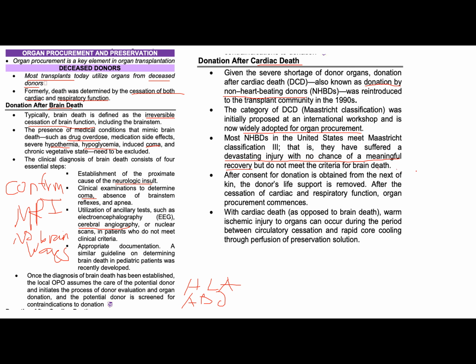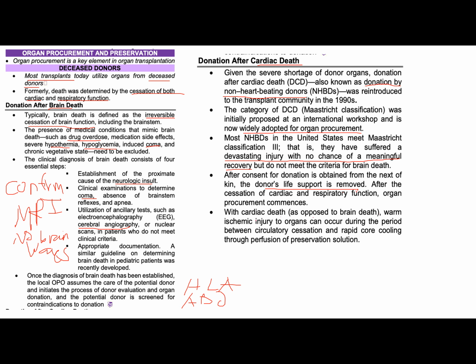An example of this, class, let's say nagkaroon ka ng multiple gunshot wounds and hindi ka na talaga masisave ng doctor or you will not be able to recover from it. So they would get consent for donation, and if it's approved, class, the donor's life support is removed. So that's one way you would acquire it.